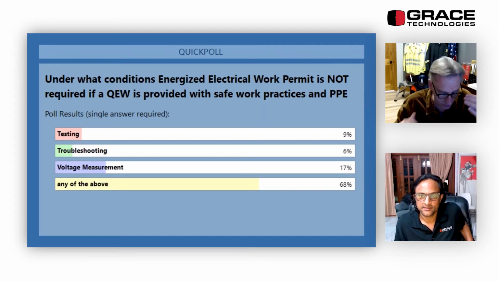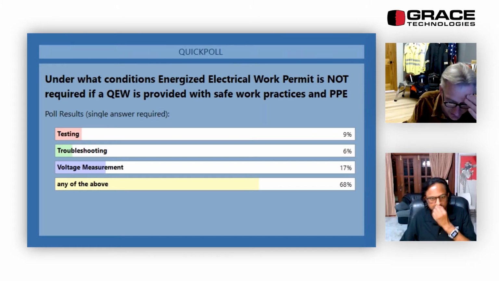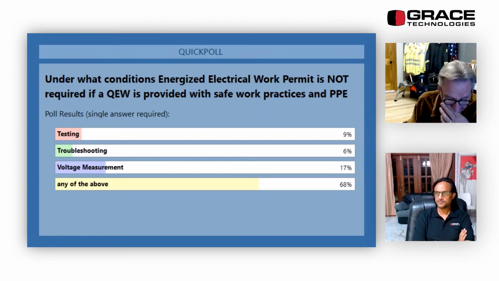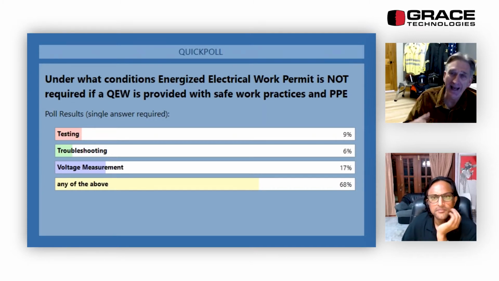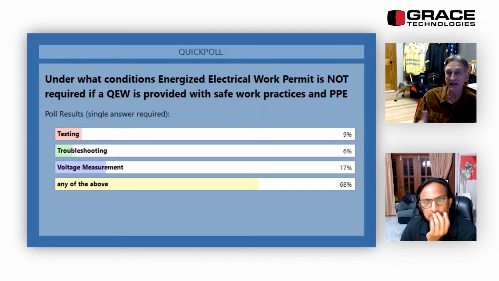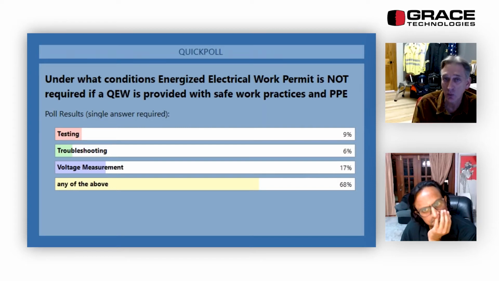Well, okay, in 130, the same section, 130.2C, it talks about that if we do work within the restricted approach boundary, and typically the restricted approach boundary for up to 750 volts is going to be 1 foot. If you do work within 1 foot, then that would require an energized electrical work permit.